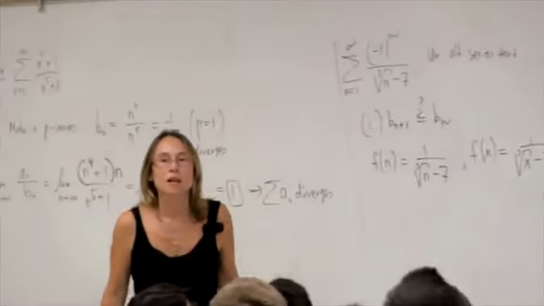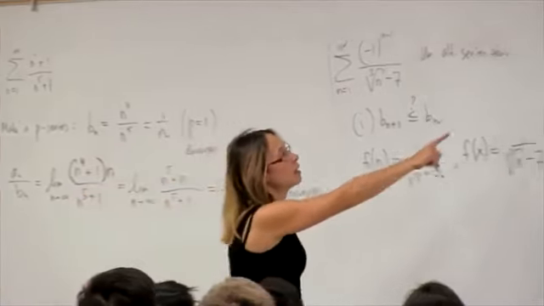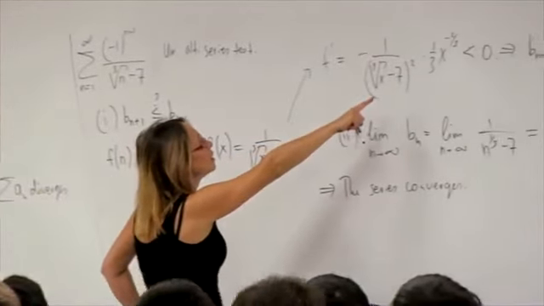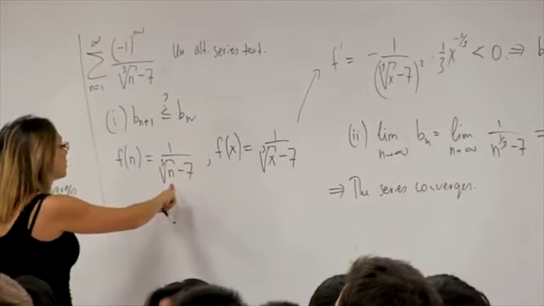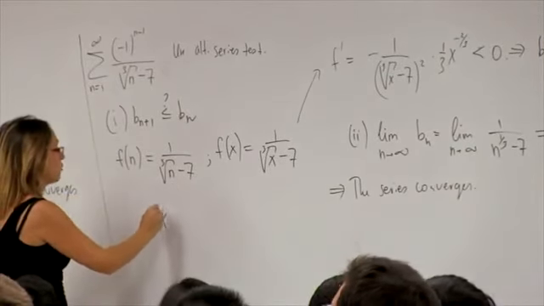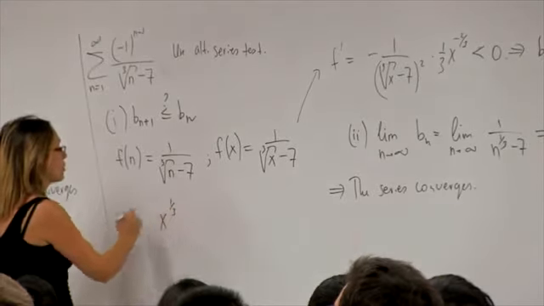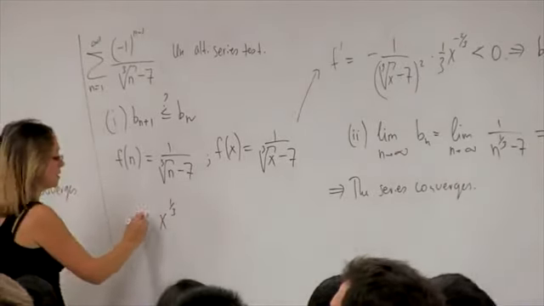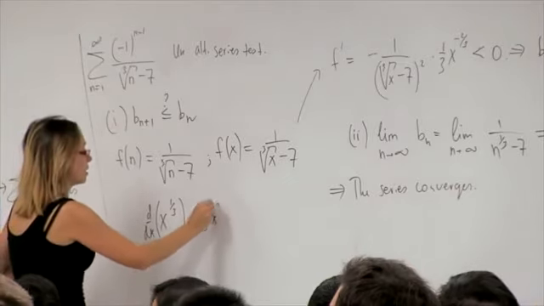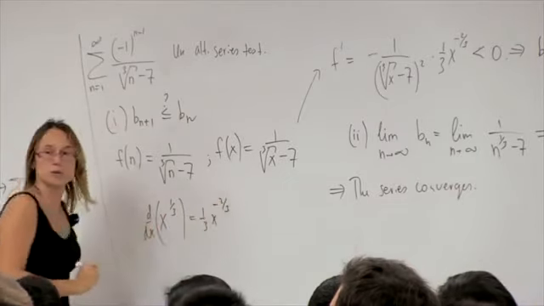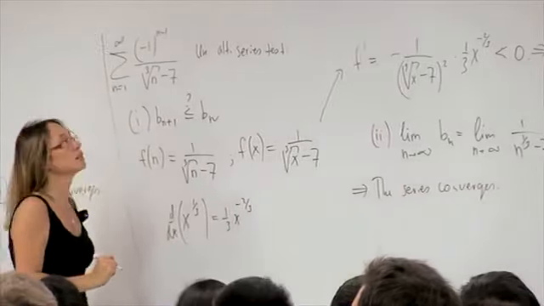Question? How did you get for the f prime the 1/3 x to the negative 2/3? So I need to calculate the derivative of x to the 1/3. d dx is 1/3 x to the minus 2/3, right?